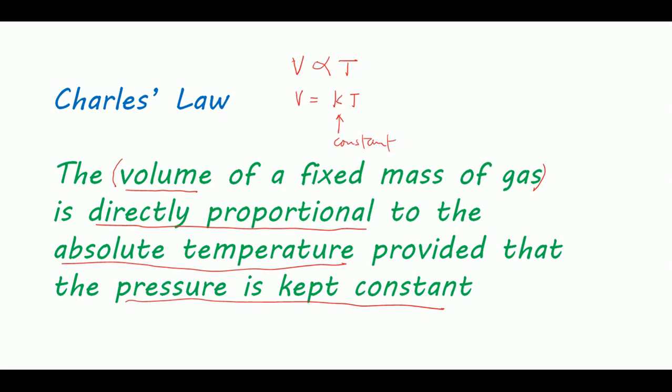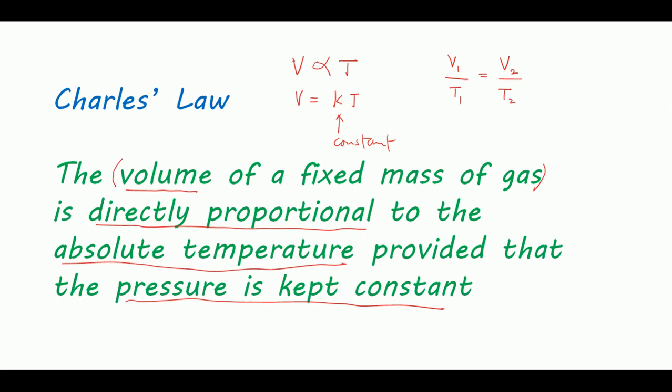You may also see Charles's law written as V1 over T1 is equal to V2 over T2, where V1 is your initial volume of a gas and T1 is the initial temperature of the gas in Kelvin, and V2 is the final volume of the gas and T2 is the final temperature of the gas in Kelvin.